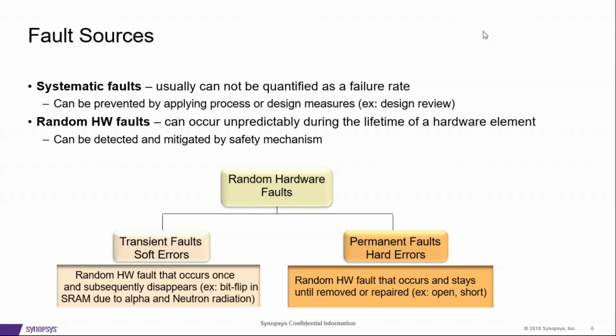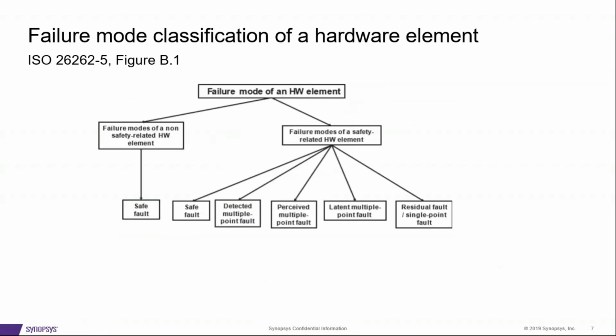Okay, so how do we deal with these faults? Well, we want to go through a failure mode classification of a particular hardware element and classify what these types of faults are in that context. So you go through the hardware element, for example a CPU or memory, and you say, I want to list all of the failure modes of this particular element.